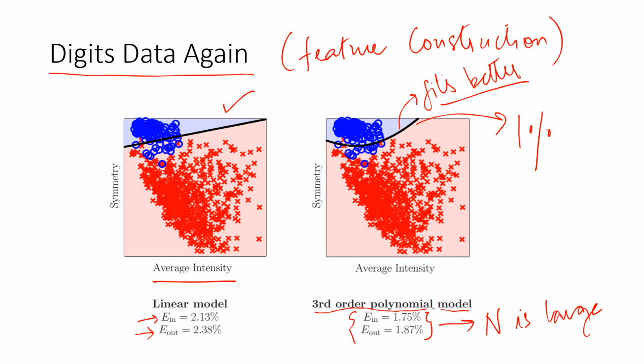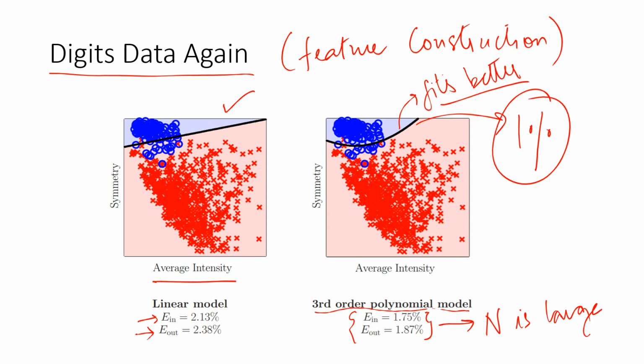So the question that you should ask yourself is, is it worth it? In terms of the problem that you're trying to solve, in terms of the business to which this is going to be applied. That's the fundamental idea of whether we should be using the nonlinear transform or not: whether this 1% is worth it or not. Because in many situations, this might be worth it, right?